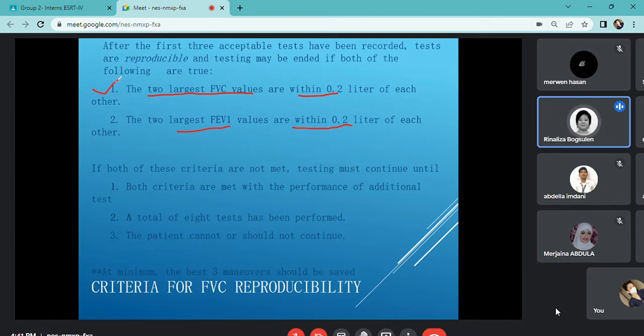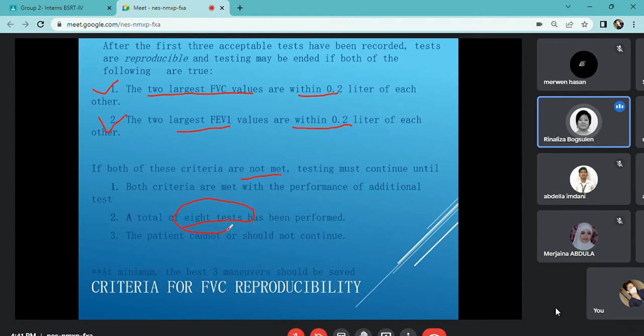Okay, if that's check, so it is reproducible. Ibig sabihin nun, repeatable yan. Okay, if both of these criteria are not met, then you continue testing until both criteria are met. Total of 8 tests.